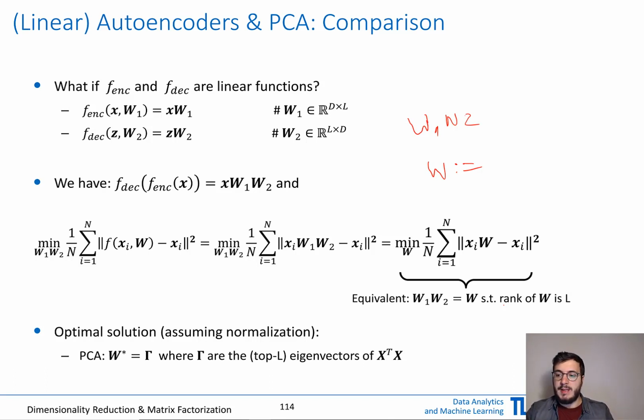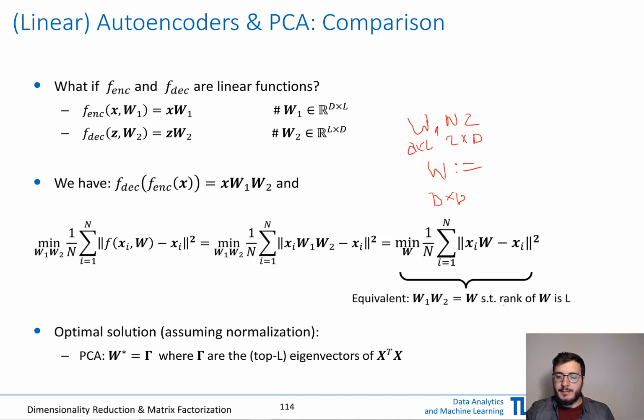So let's say you know the W1 and W2 matrices, you can multiply them and get a different matrix called W, and this will be exactly the same transformation. And if W1 is of size D by L, and W2 is L by D, the resulting W matrix will be of size D by D.